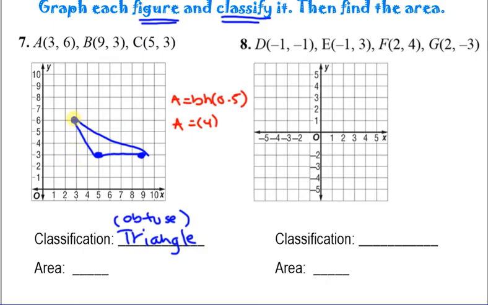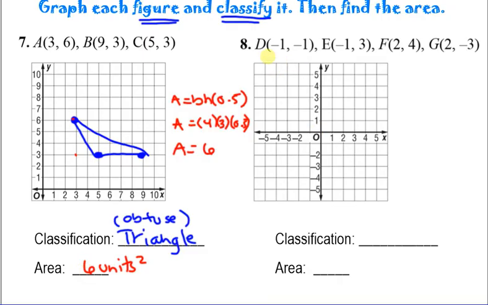So from all the way up here to all the way down here. 1, 2, 3 times 0.5. When you put 4 times 3 times 0.5 in your calculator, you're going to get 6, and so the area is 6 units squared. Okay?